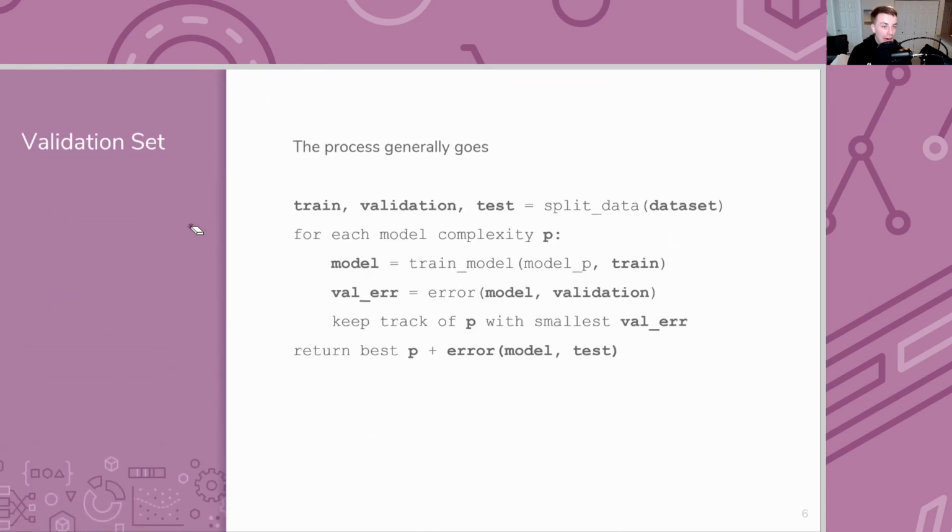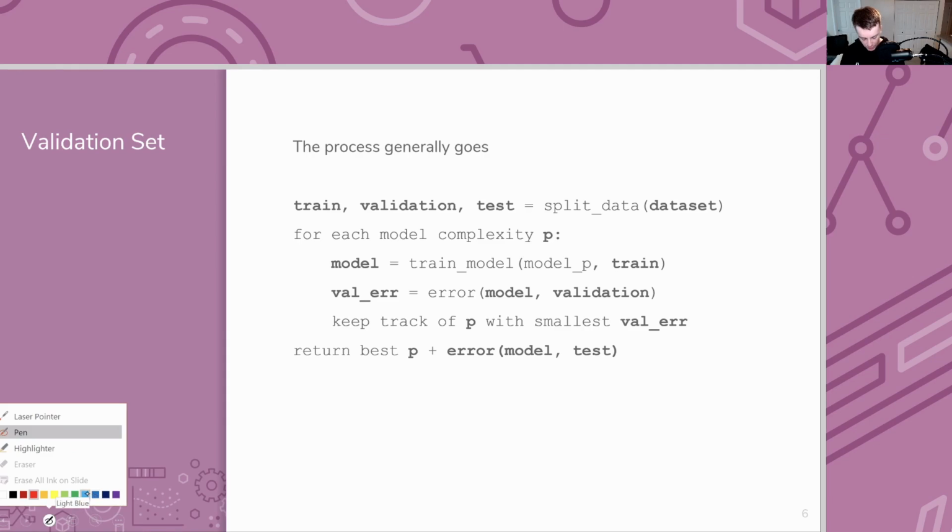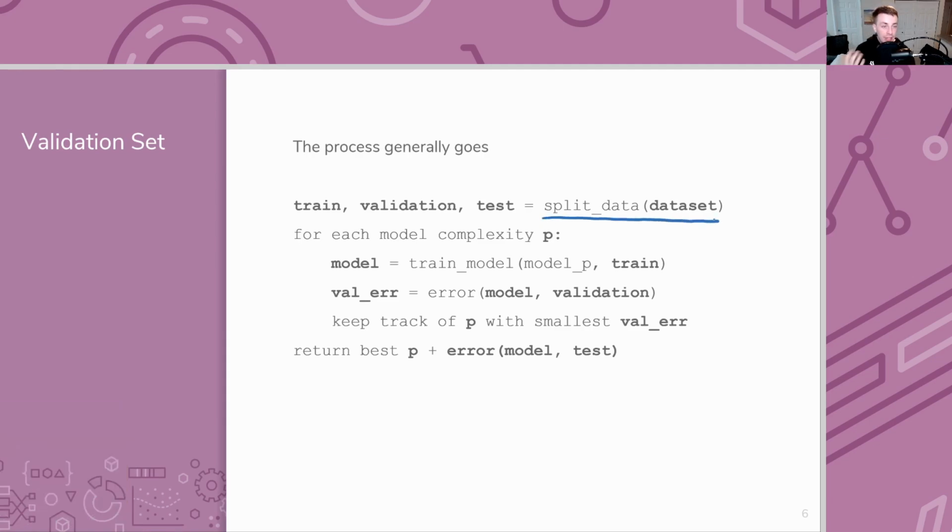The way that this algorithm works is you start by splitting up your data into train, test, and validation. Then for each model complexity you're interested in trying, train a model on train, validate it with the validation set, and keep track of the degree polynomial p that has minimized the validation error.